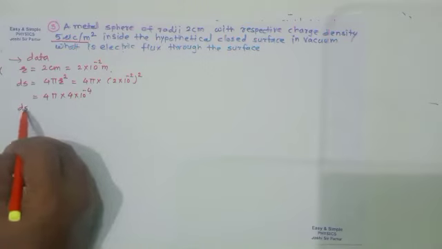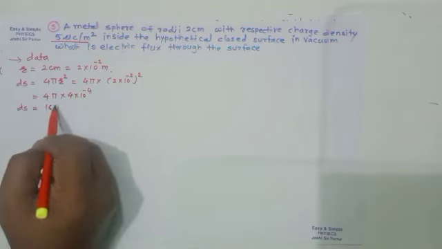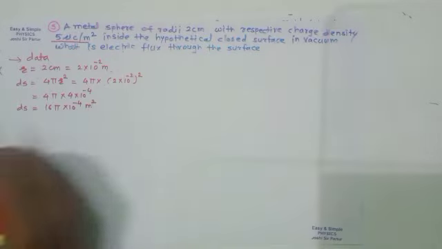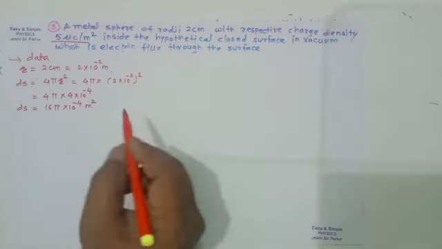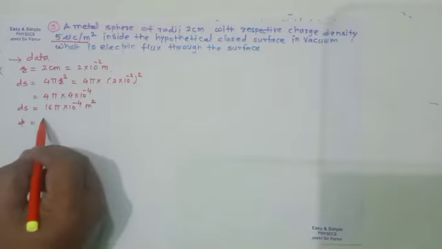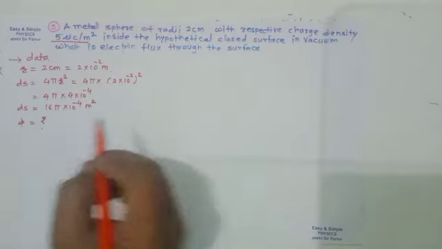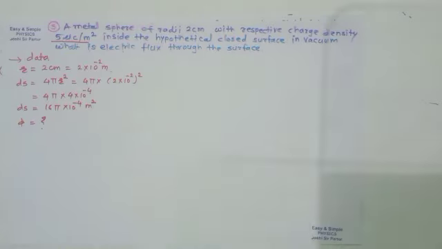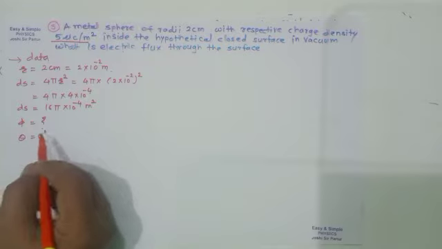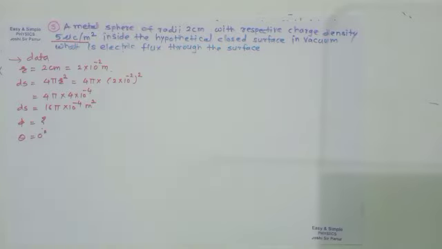So ds becomes 16 pi into 10 raised to minus 4 meter square in a vacuum. For vacuum, theta is 0 degree. And we can find out the electric flux.